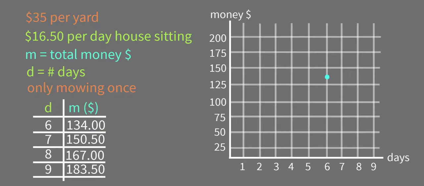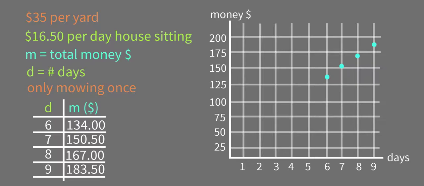So we go over 1, and we're looking at just above 150, so we're right about here. At 8, we're at 167, so that's going to be right about in here. And then 9, we're at 183.50, which is going to be right about here.